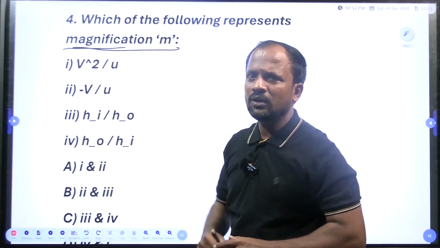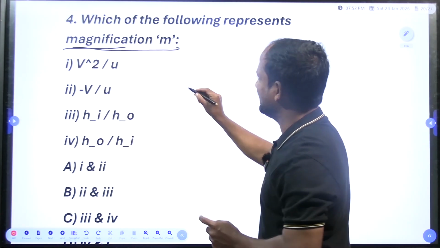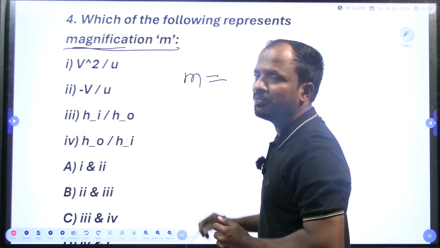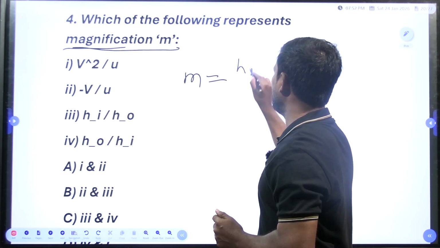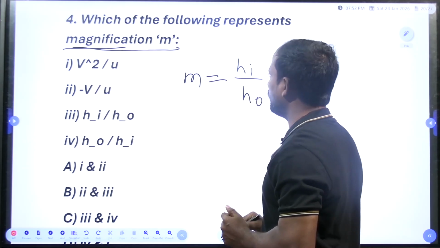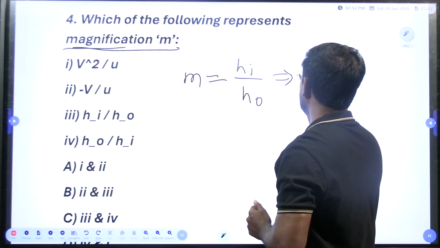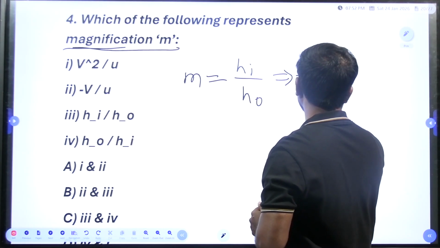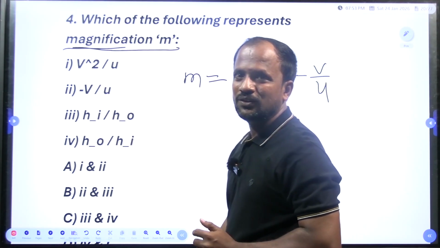Already you know the formula. What is m? Magnification is represented with the symbol m is equals to hi by ho is equals to minus v by u.